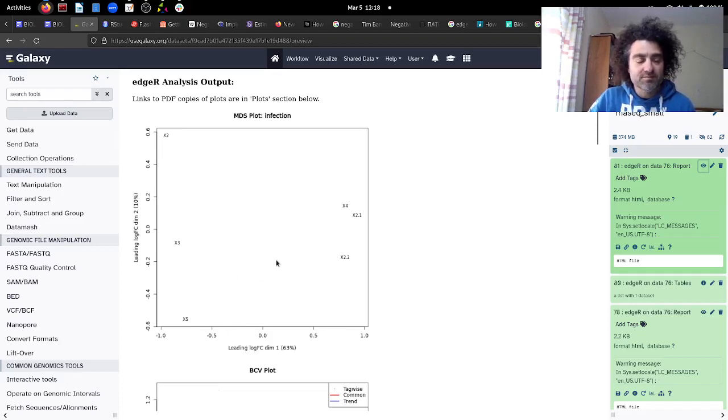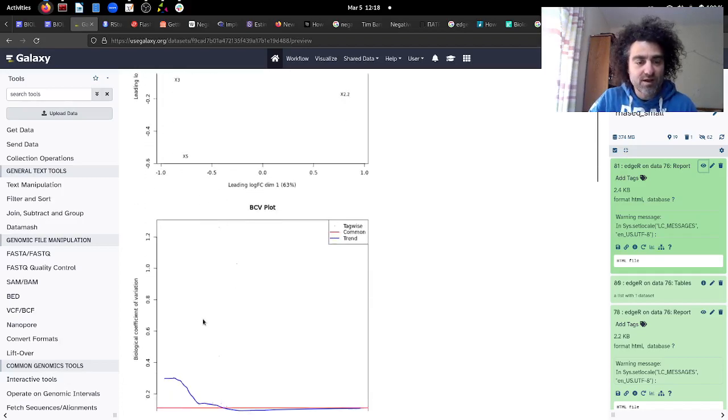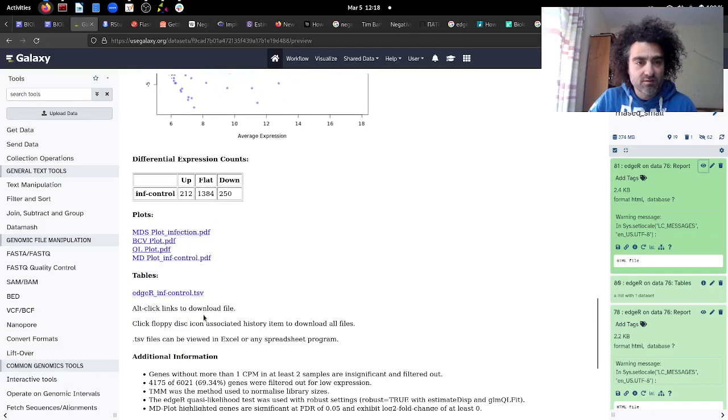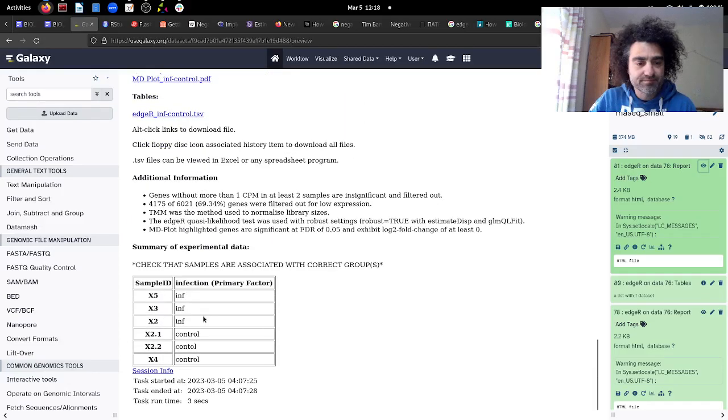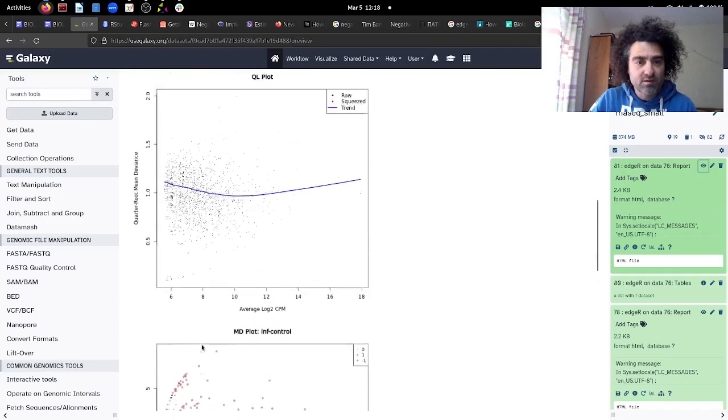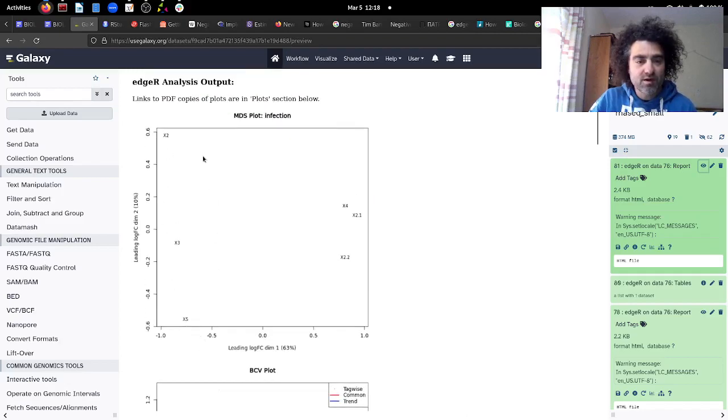And we see that the labelings 2, 3 and 5 are somewhere here. 2, 3 and 5 are infected and the rest are control. So these ones are very, very different from this one, which means that several genes have been affected in the infection class compared to the control class.